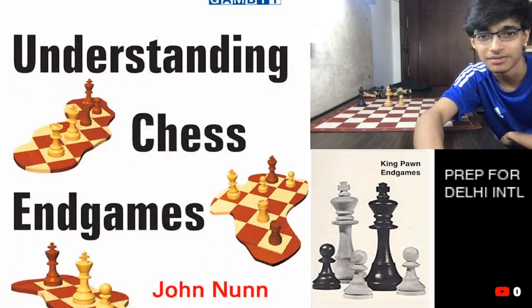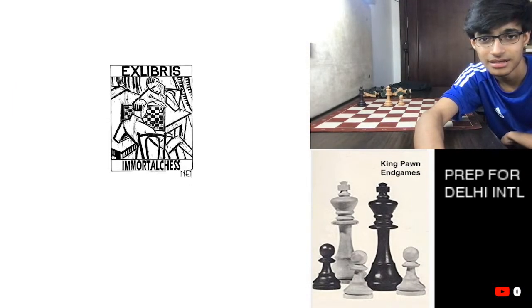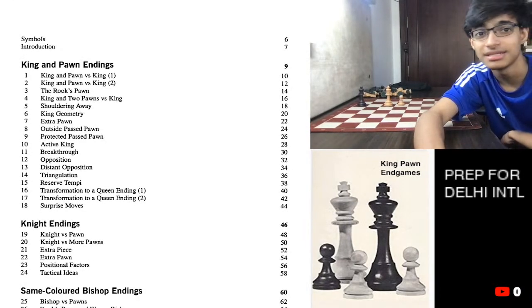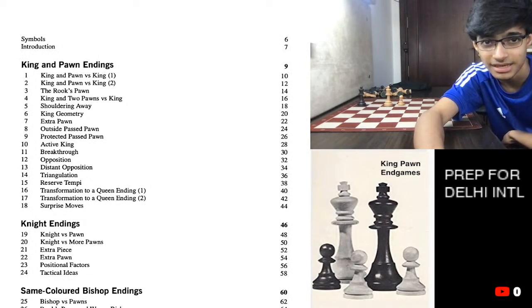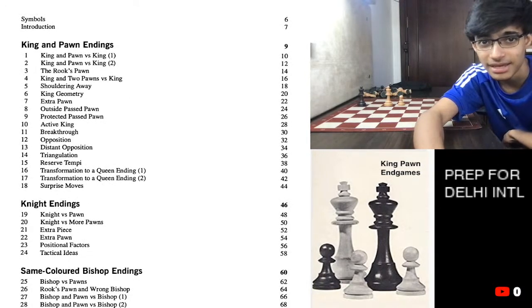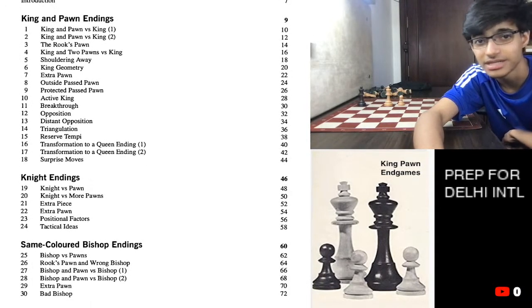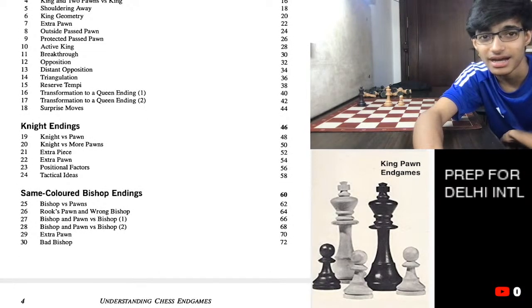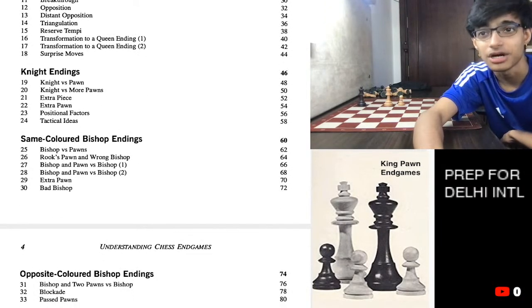This is what the book's cover page looks like, and then here's the index. So the contents are firstly king and pawn endings, wherein we'll include the king and pawn versus king, the rook's pawn, king and two pawns versus king, shouldering away, king geometry, extra pawn, outside passed pawn, protected passed pawns, active king, breakthrough, opposition, distant opposition, triangulation, reserve tempi, transformation to a queen ending, transformation to a queen ending again, and surprise moves.